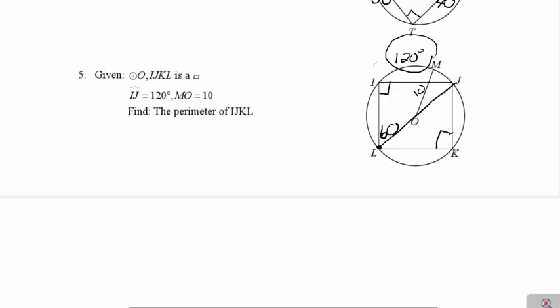So this would be a 30, 60, 90 right triangle. The reason it gives us MO is because that is the radius of the circle. So now that I know the radius of the circle, I know that LJ is the diameter of that circle. So LJ is going to be equal to 20, double that radius. Now that I have that information, all I need to do is find the 2 sides of my rectangle and then I can figure out the perimeter.